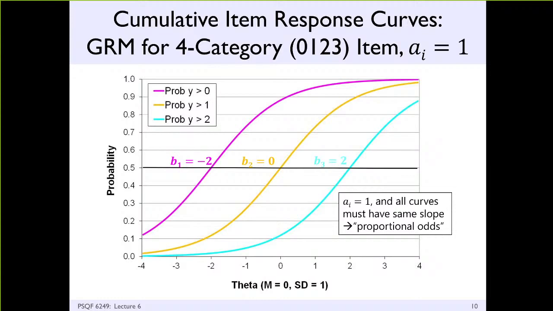The pink line would give me the location on the trait, so -2, where the probability of the higher category is 50-50, so y greater than 0. The yellow line shows the prediction from the second submodel, where B is the trait needed to get to the probability of 50-50 for the green, for the higher, so y greater than 1.